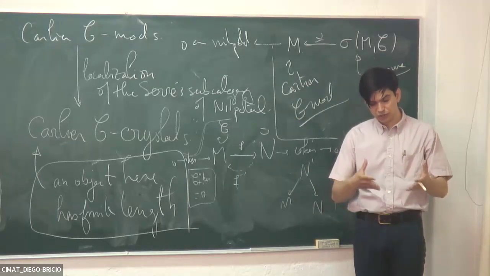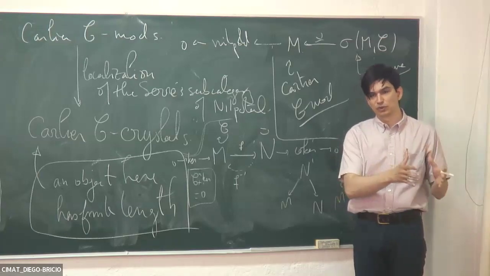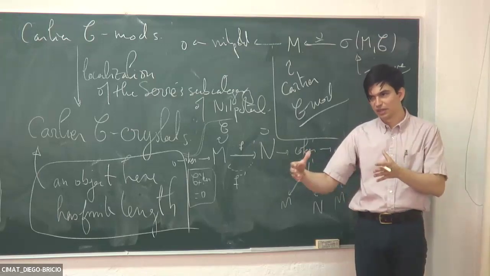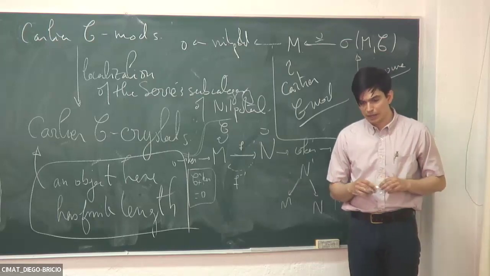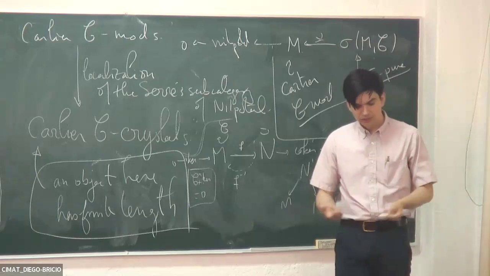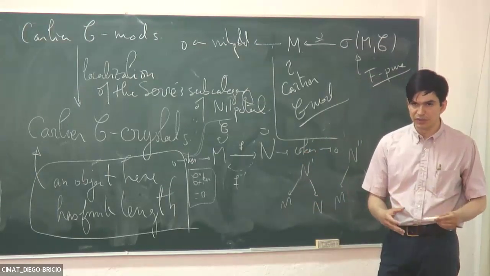Two Cartier modules are nil-isomorphic if they're isomorphic as Cartier crystals, meaning that the kernel and cokernel of the map are nilpotent and have the exact same test module. So test modules are certainly among the most important objects in the whole theory.